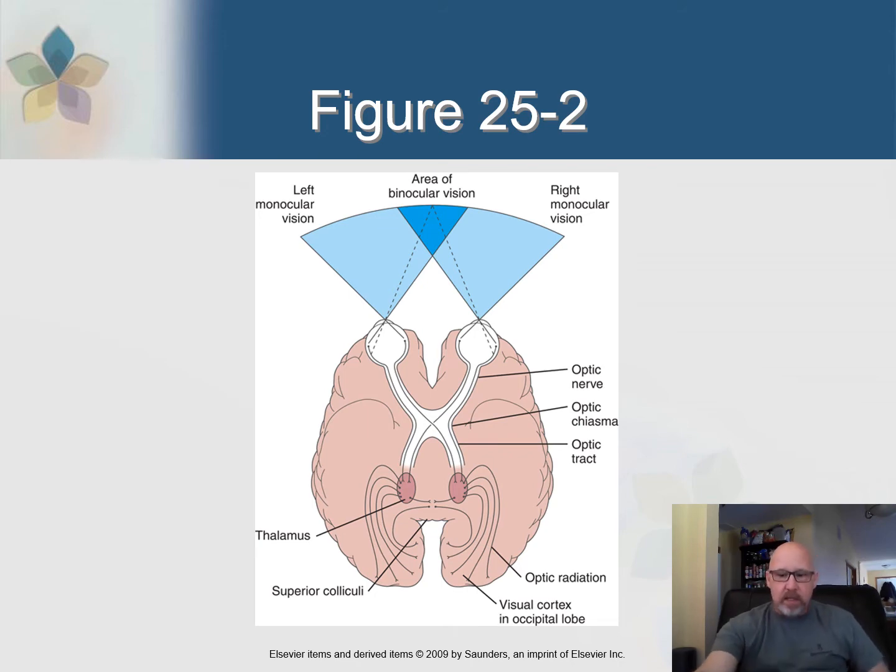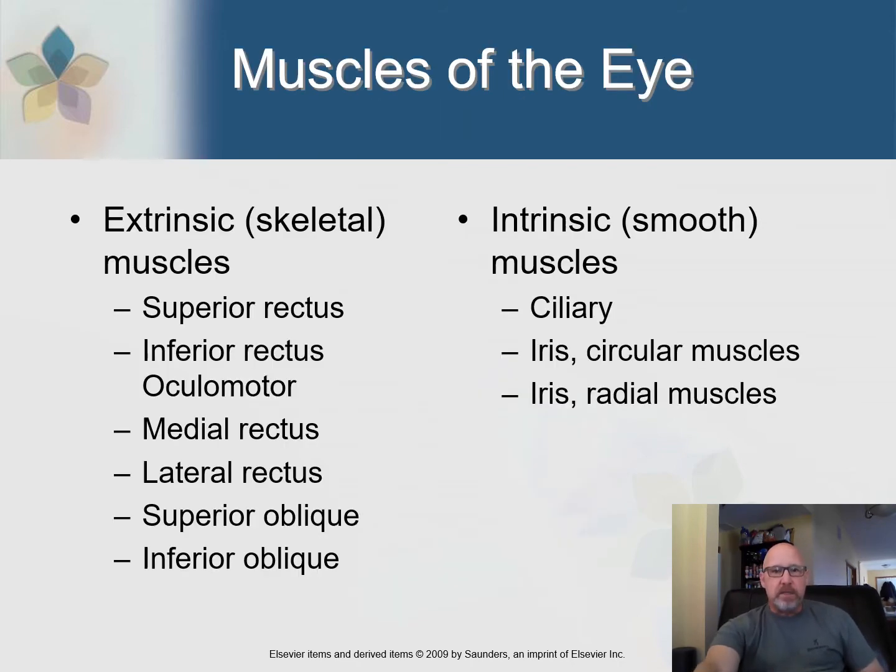So, moving on, the muscles of the eye: the extrinsic skeletal muscles and intrinsic smooth muscles, such as the ciliary body. The skeletal muscles are the things that you have control over, and then you have the things that you don't have any control over, such as whether or not your pupil dilates, period. The refractory light does that.